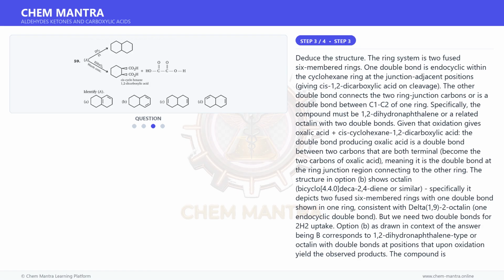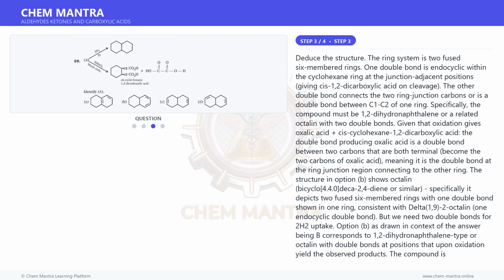The structure in option B shows octalin, bicyclo[4.4.0]deca-2,4-diene or similar. Specifically, it depicts 2 fused 6-membered rings with 1 double bond shown in one ring, consistent with a delta-1(9)-2-octalin, 1 endocyclic double bond. But we need 2 double bonds for 2 H2 uptake. Option B, as drawn in context of the answer being B, corresponds to a 1,2-dihydronaphthalene type or octalin with double bonds at positions that upon oxidation yield the observed products.